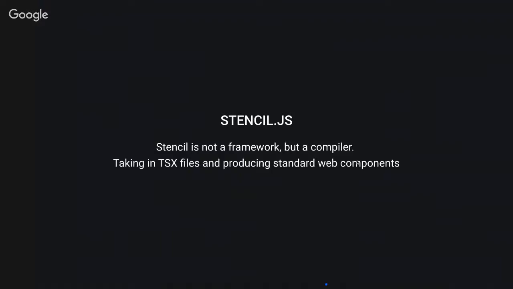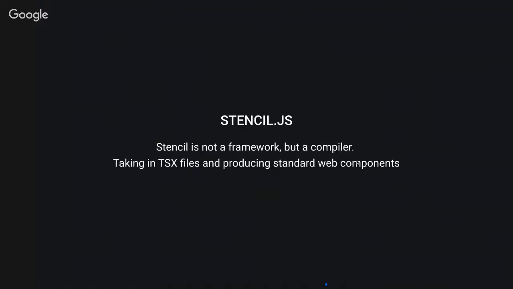They've looked at a lot of different frameworks like React and Angular, taken a few of the good bits, and, I don't want to say framework because it's not a framework, it's a way of compiling that code down to vanilla JavaScript web components. It uses TSX files, which are just JSX files with TypeScript.